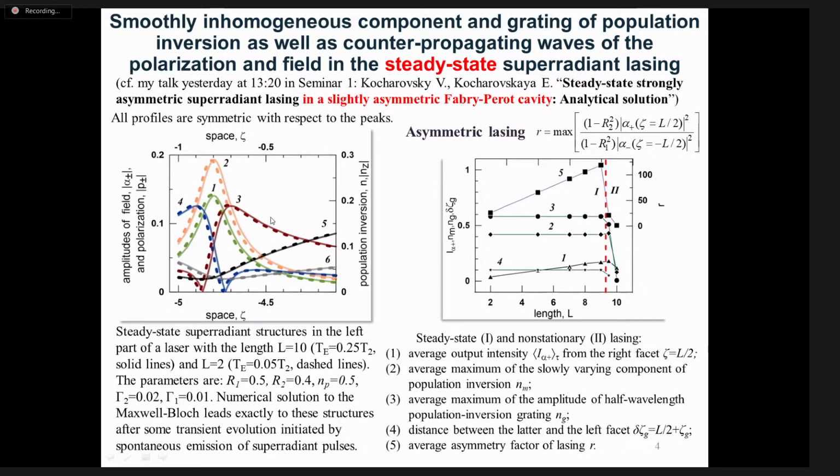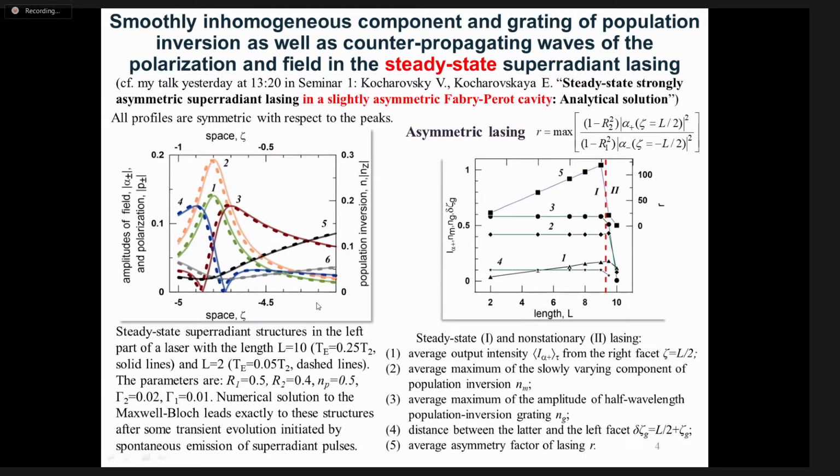But in general, this structure remains the same, and it remains the same because we have efficient reflection of the wave from this population inversion gradient, which makes the effective cavity asymmetric, even if the initial Fabry-Perot cavity is symmetric. And this asymmetry maintains itself self-consistently and does not destroy it.